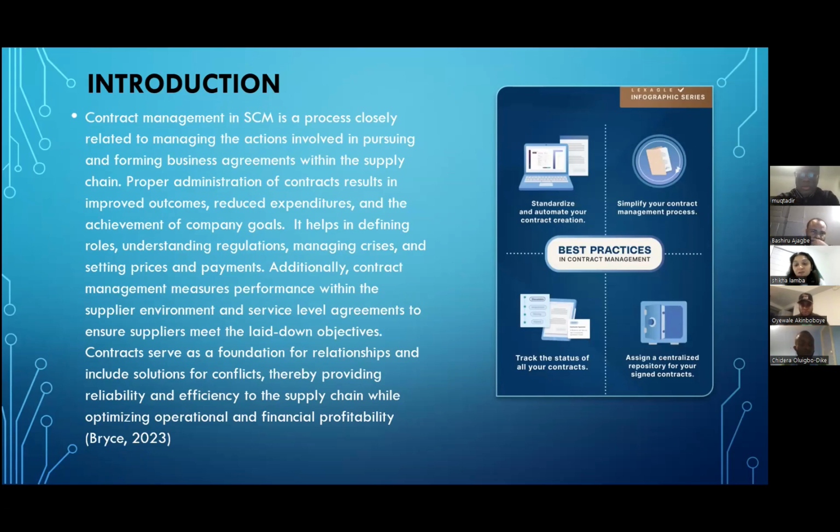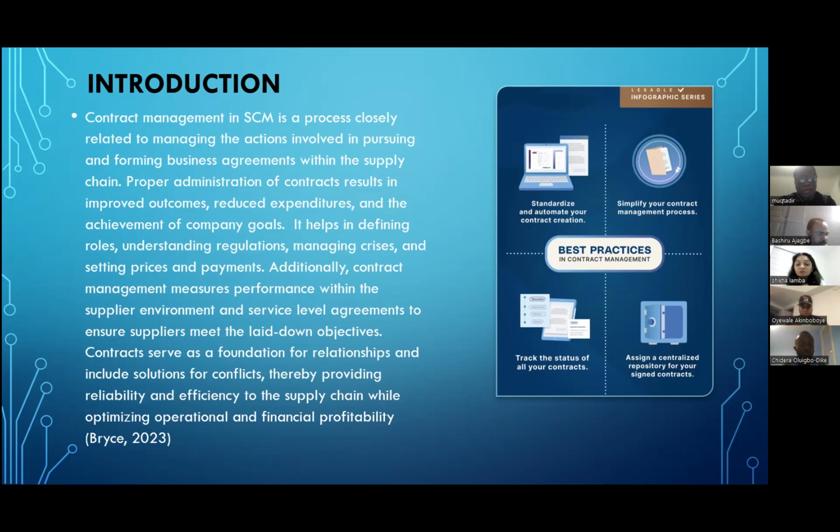Contract management is a critical process linked to supply chain management. It involves all actions needed to negotiate and formalize business agreements within the supply chain. Proper contract administration leads to better outcomes, cost savings, and achieving company goals by clarifying roles, complying with regulations, setting prices, and managing payments.